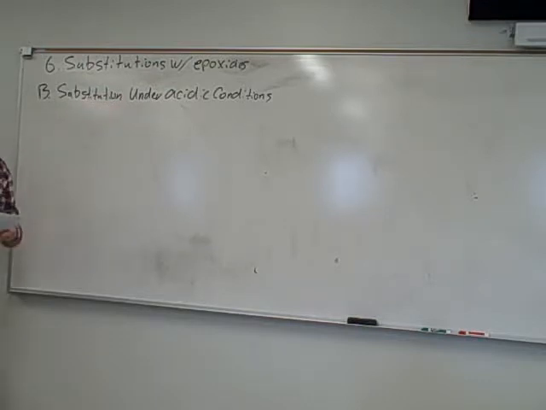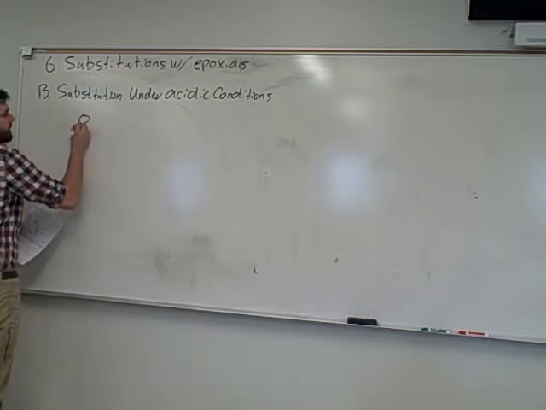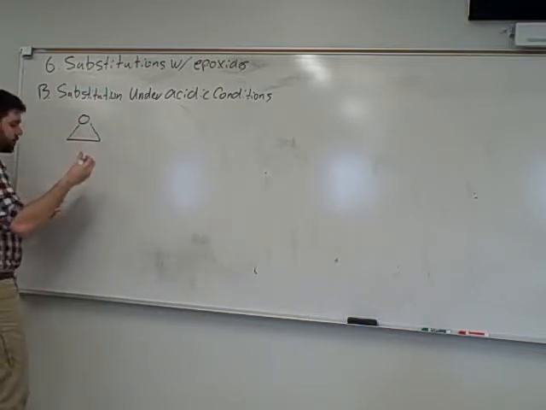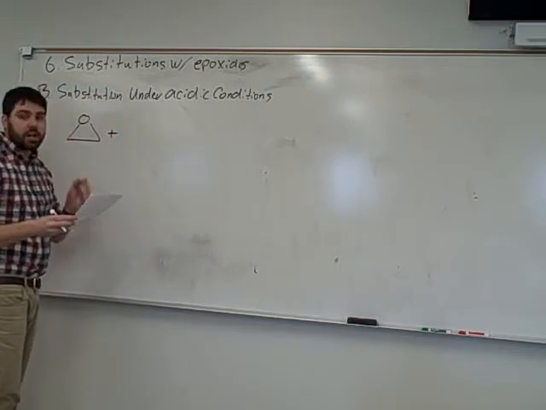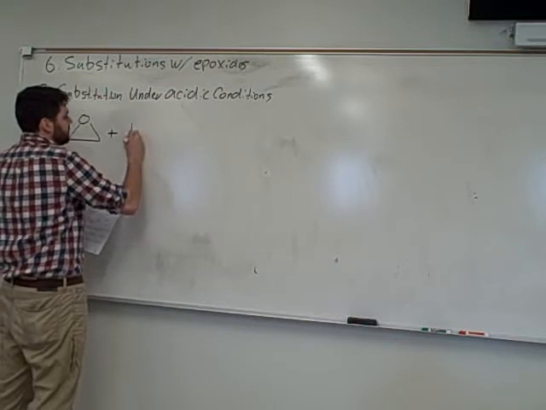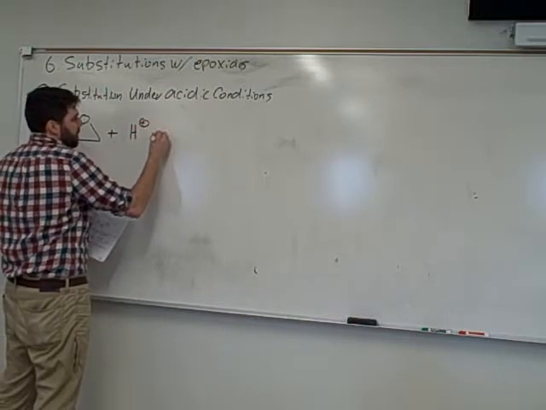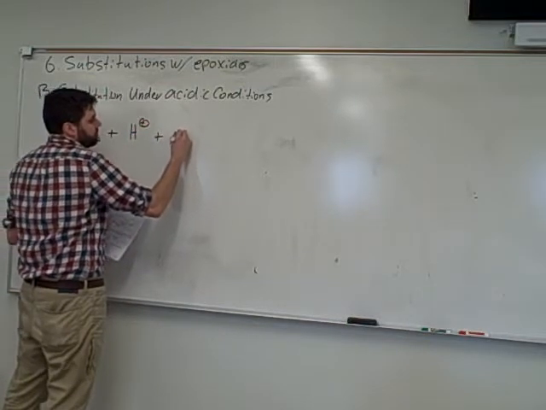Generally speaking, what this type of reaction looks like is you've got your epoxide, and you are going to treat this with some sort of acid plus some sort of nucleophile.